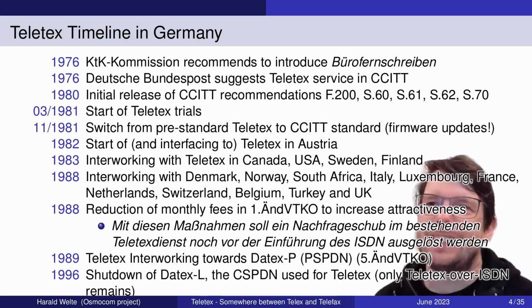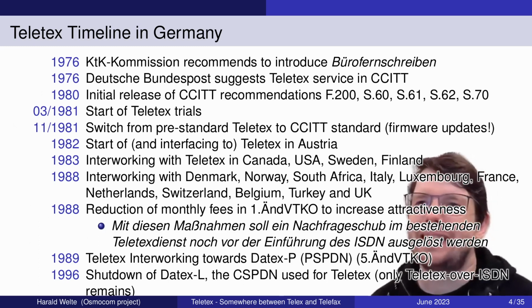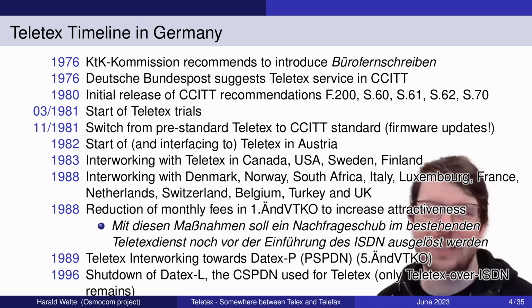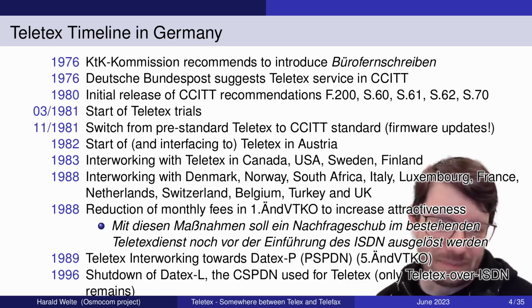Then we see already in 88, they see that somehow ISDN is at the horizon, and there are lots of people who say, oh, we won't buy Teletex because we wait for ISDN. And in order to combat that, they pass some, whatever the acronym expands to, this NVTKO, basically some change of a, what is it?